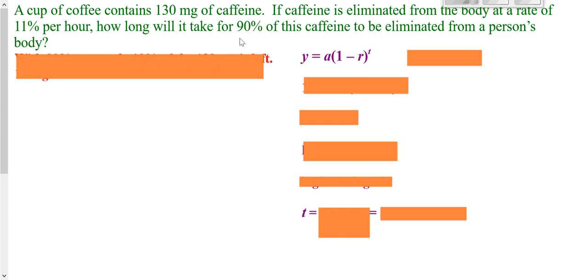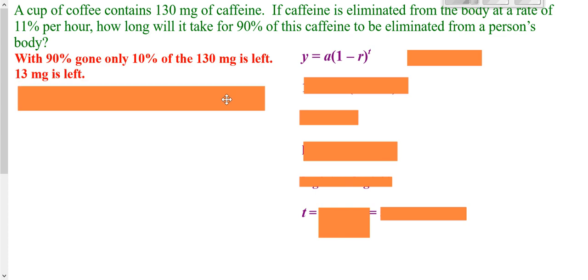We are wondering how long for 90% of the caffeine to leave the body, which means 10% of the caffeine's left in the body. So we're starting out with 130 milligrams, with 10% of it being left in the body. Since 90% is gone, only 10% of that is left, which is 13 milligrams.